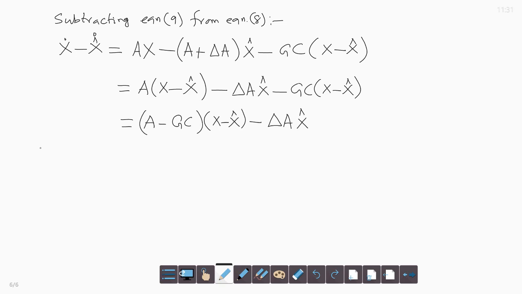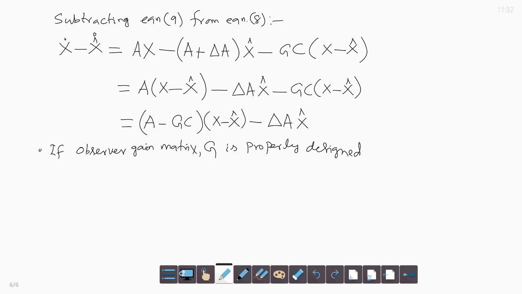So first point, the observer gain matrix G, which is there in the prediction error correction term, if G is properly designed, we can design it. How? What is the target of designing?